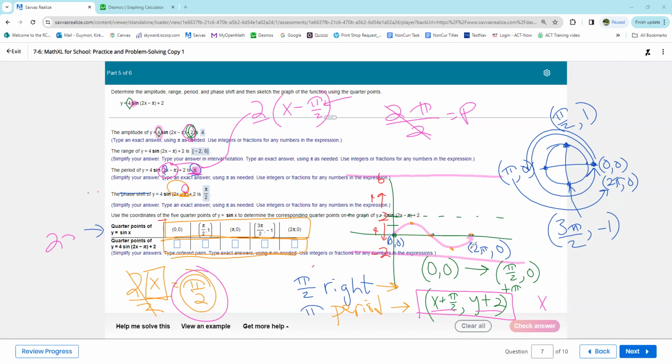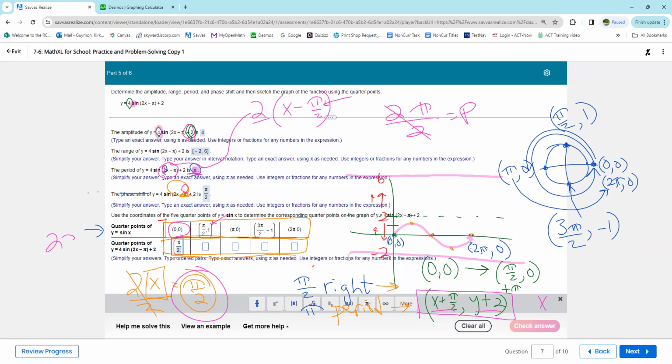Because the initial one will just move, but then these points are going to be affected by the new period. So let's see here. I have something here that happens slightly different yet too. So the first initial point, add pi over 2 on, skip my parentheses, pi over 2.